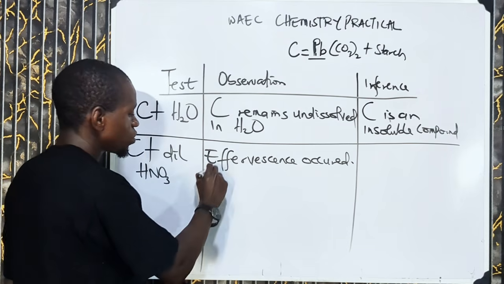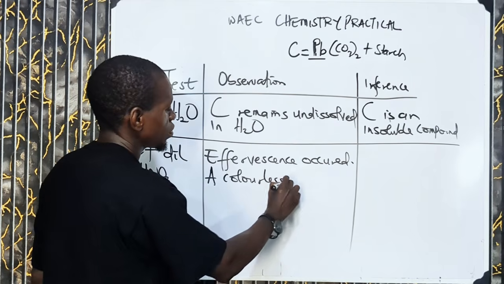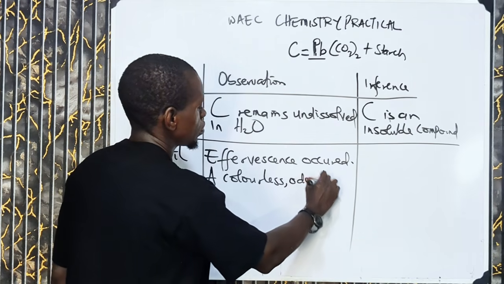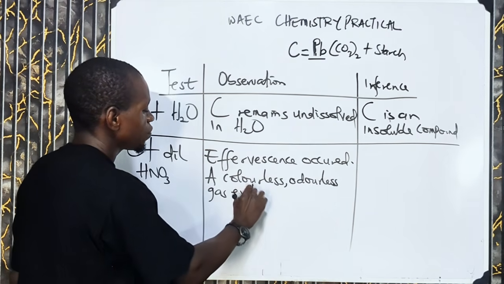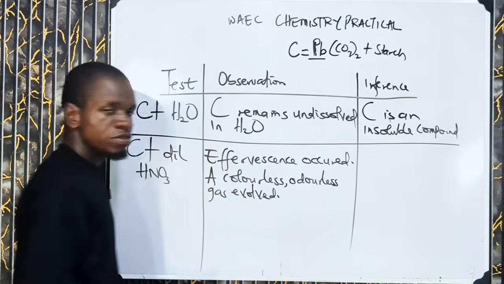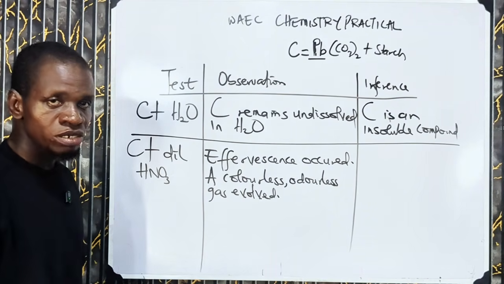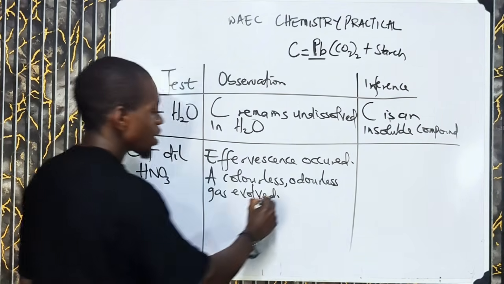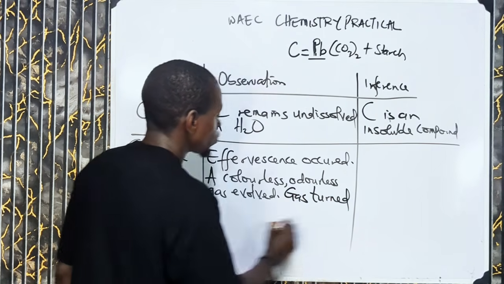Now the next thing you're going to write is you say that a colorless, odorless gas evolved. Okay, so that's the next thing you're going to write. I'll prefer you write all the information that you need to write. The gas turned what?